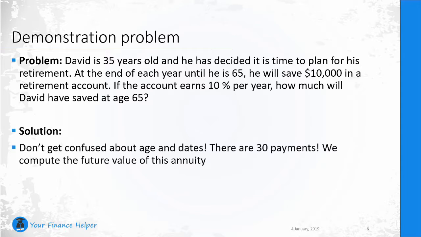For the solution, one thing that is very important is that you don't get confused about age and dates. Right here there are 30 payments, because you have one payment at the end of when you are 35, and then you have a payment at the end of when you are 65.